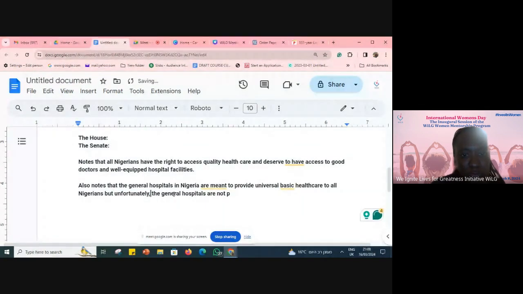Unfortunately, the general hospitals are not providing citizens with the best health care.